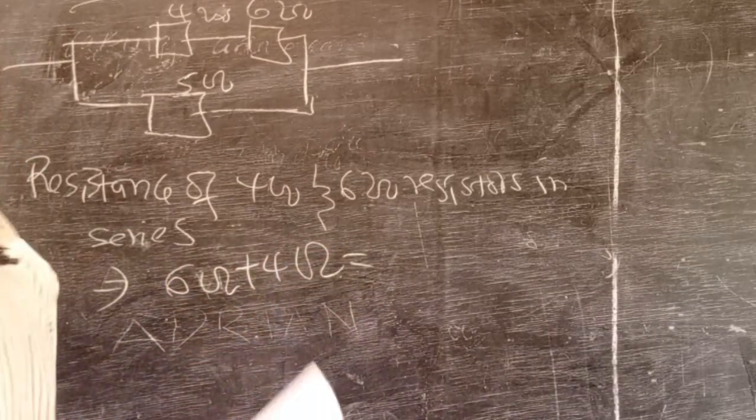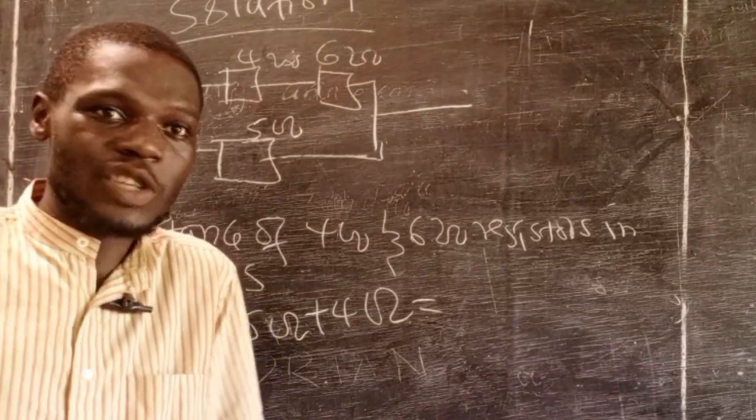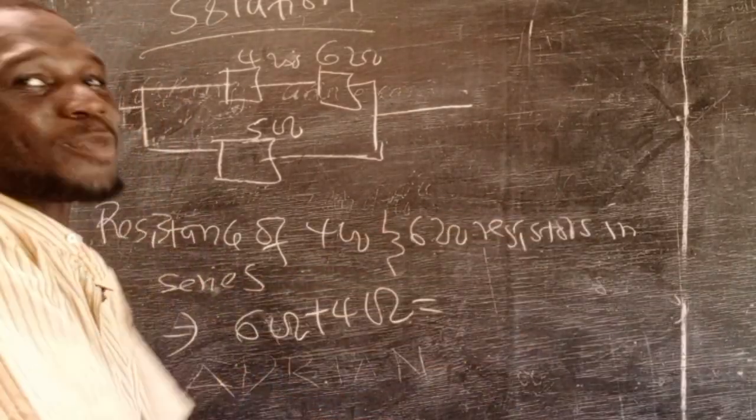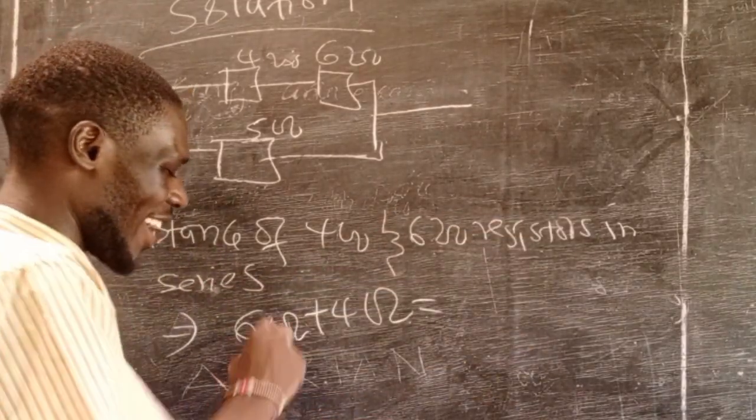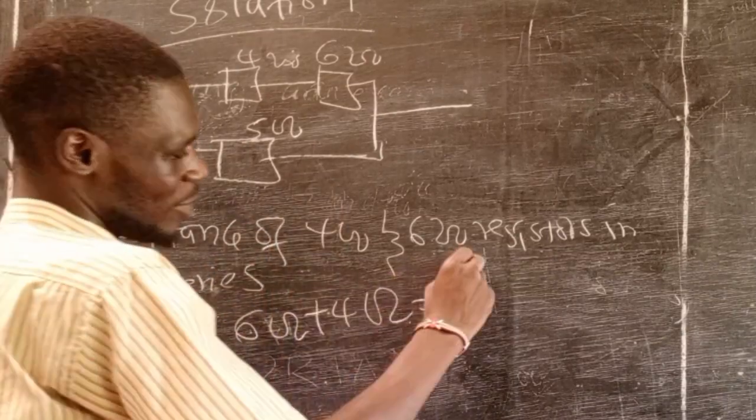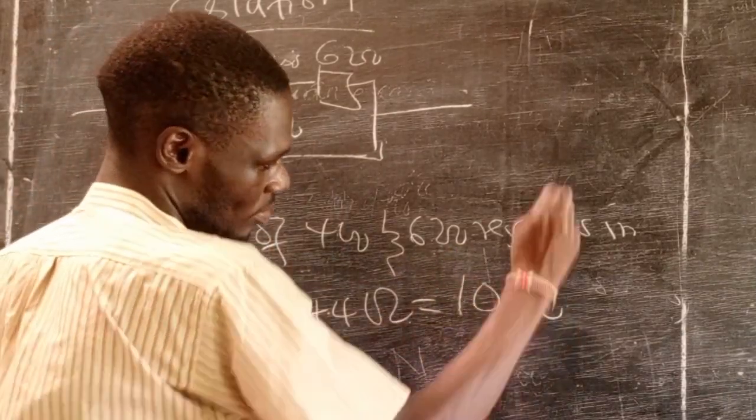Remember, when resistors are in series, to find the total resistance we simply add them. As simple as that. So 6 plus 4 becomes 10 ohm.